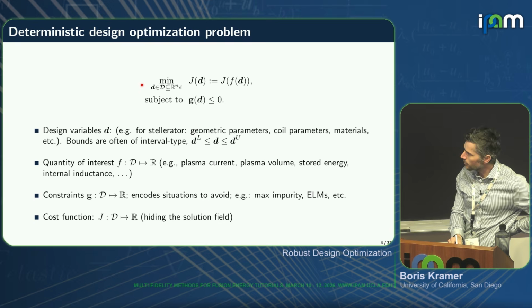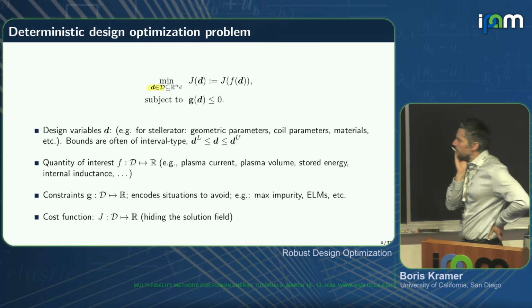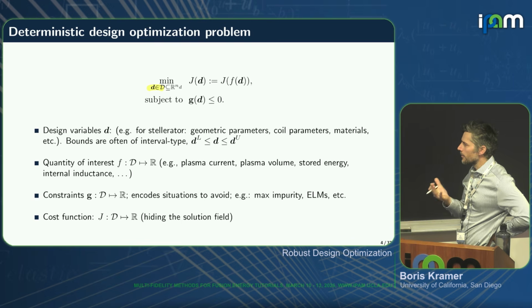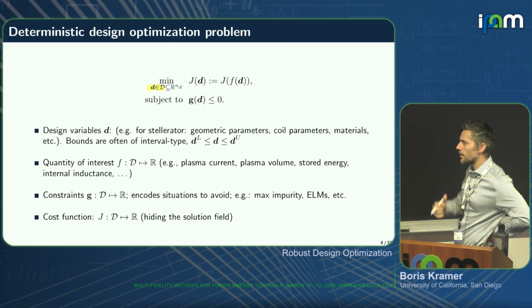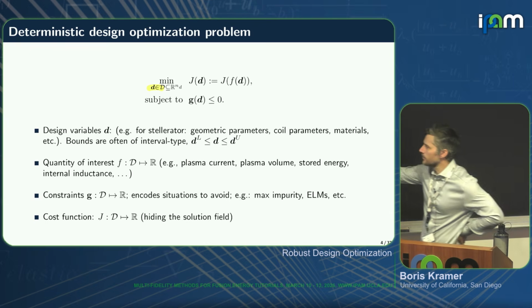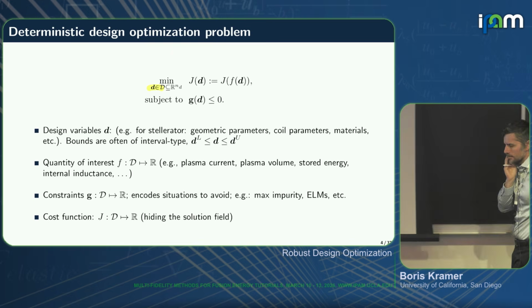So these type of box constraints are pretty common, but that's not what we have to be. I wrote it throughout the tutorial in a more general form where D is in some more general set D. Okay. Then we have a quantity of interest. Once again, for example, this could be the plasma current. Frank showed a few of these quantities that maybe someone who sits in a monitoring room, or what do you call them, is tracking: currents, volume, stored energy, internal inductance, other things.